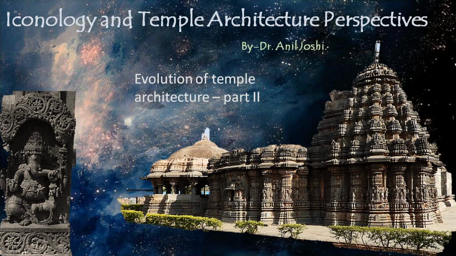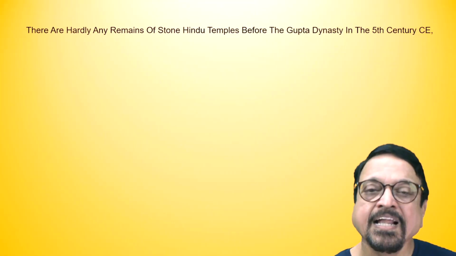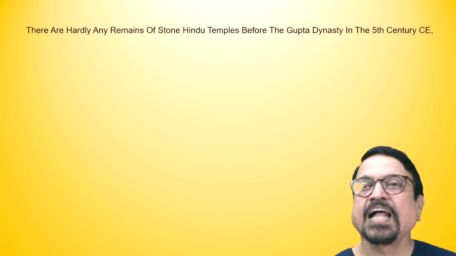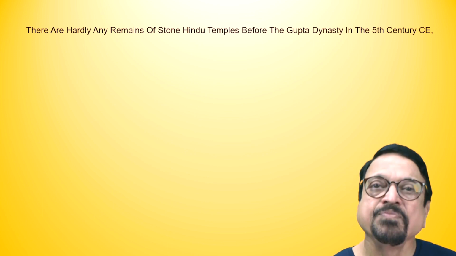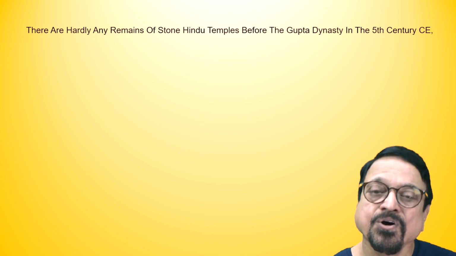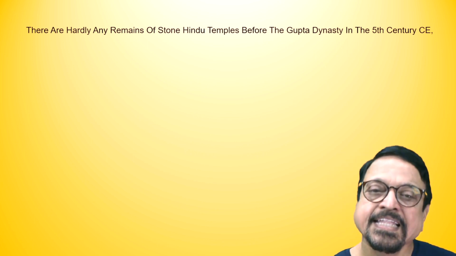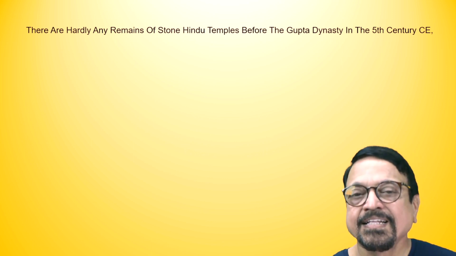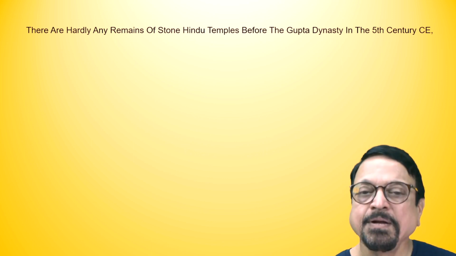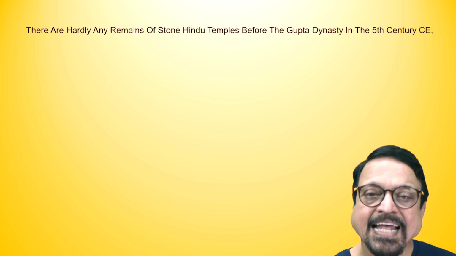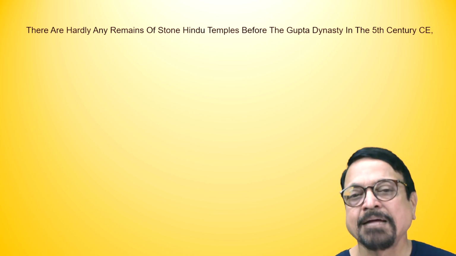Now in the context, we are going to study today different developmental stages. There are hardly any remains of temples earlier than the Gupta period. Why? Because they used wood or perishable material like clay and mud for developing a temple.